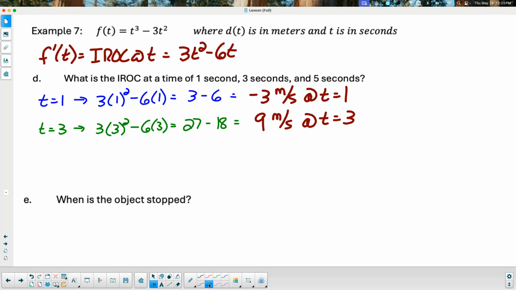Okay, so if I was moving backwards at t equals 1, now at t equals 3 I'm moving forwards. What does that mean happened sometime in between t equals 1 and t equals 3? It stopped, right? Because I had to stop to change directions. I was moving backwards. I stopped ever so briefly. Now I'm moving forward. Okay. All right, and then we've got t equals 5.